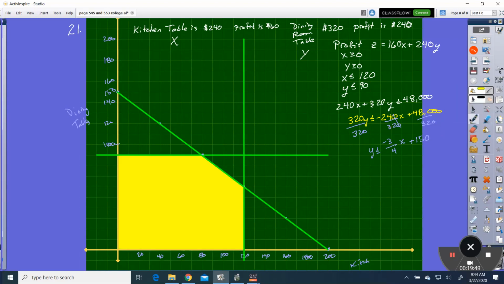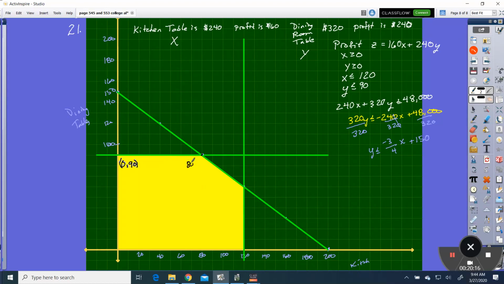Okay, so now let's find these vertices. So we're counting by tens, that's 100. So this is x is 0, y is 90. Might as well use black so you can see it. 0 and 90. This point looks like it goes right down to 80.